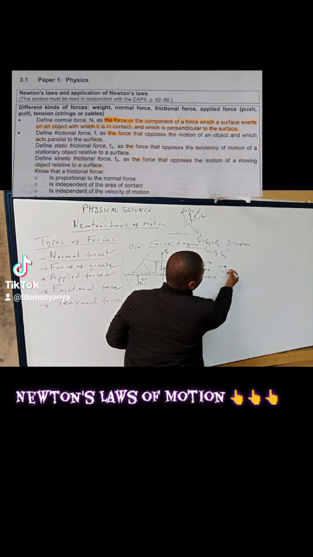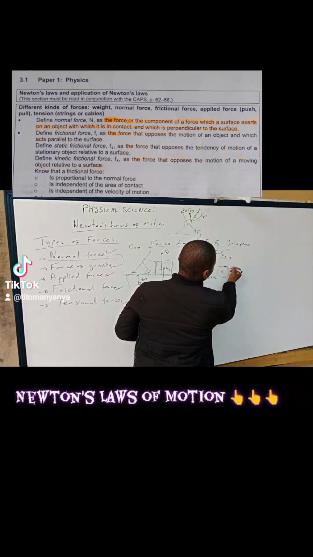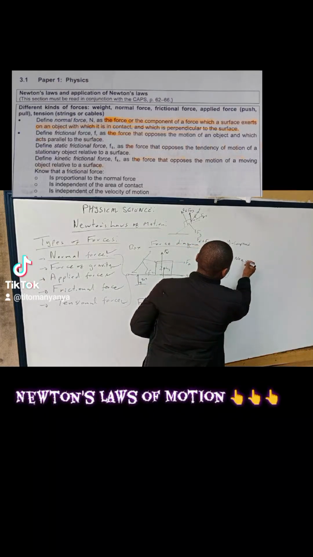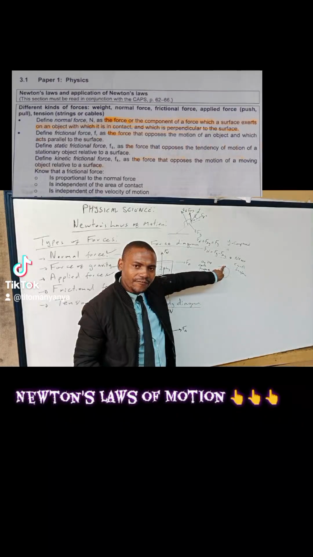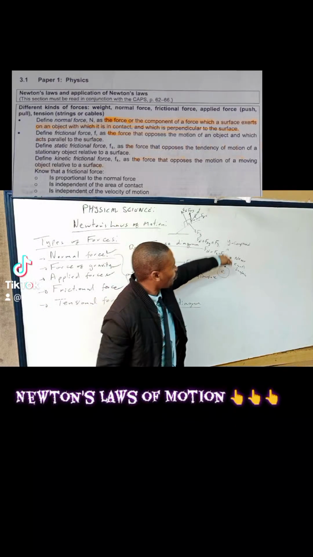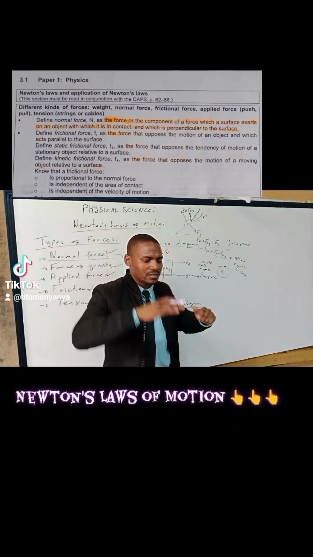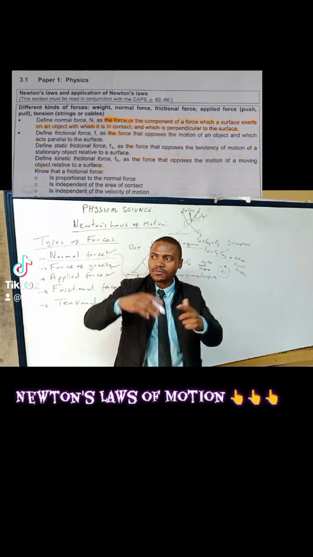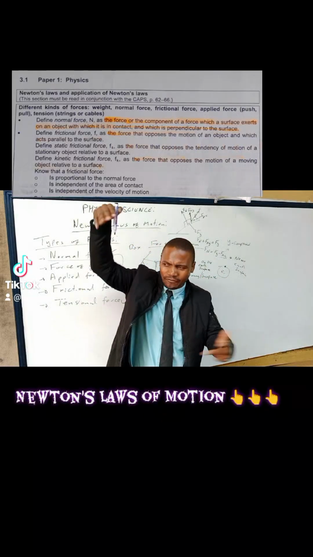If the object is above the ground, that means that object is near the earth's surface. So the object on the surface of the earth or near, because some objects are flying, the helicopters are flying, some objects are falling freely.